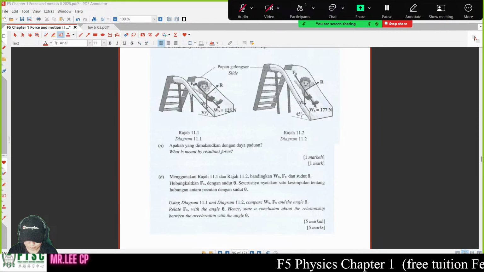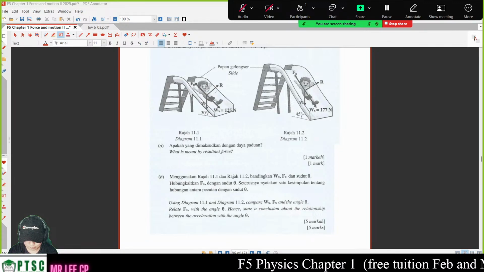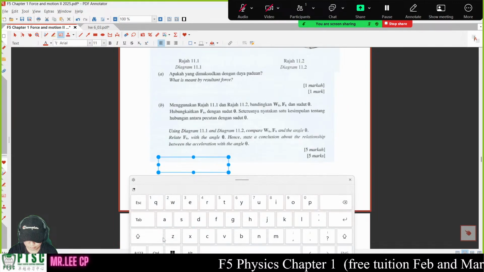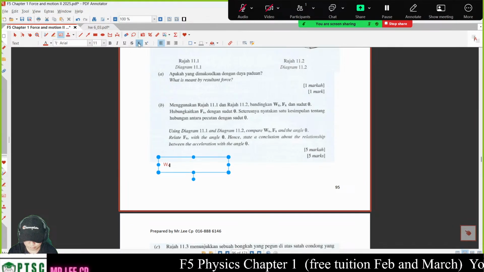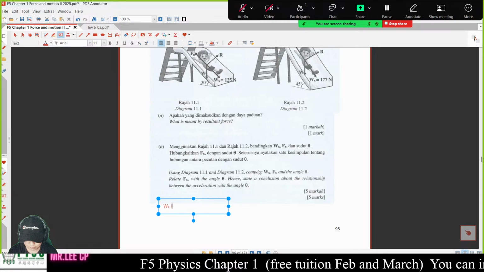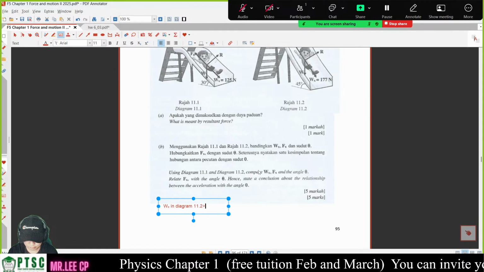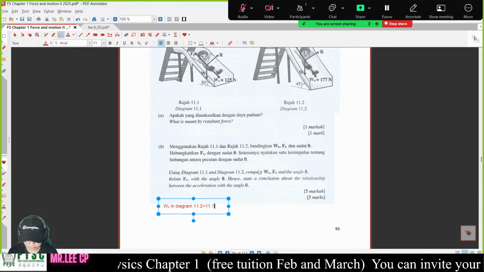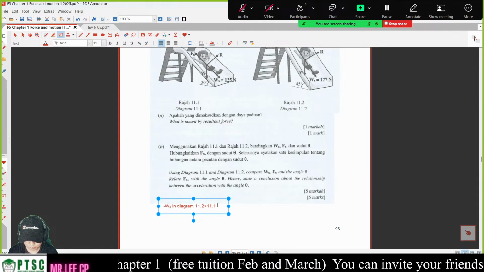Okay, I got this. So compare the Wx. Wx in 11.1. Wx, this one is bigger. In diagram 11.2 greater than 11.1. Right, the first answer, they ask you to compare.